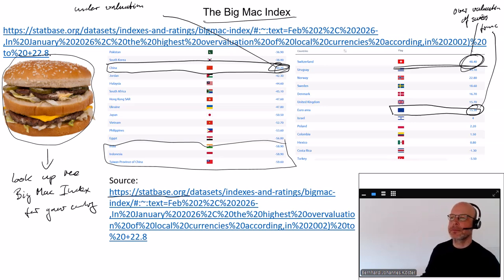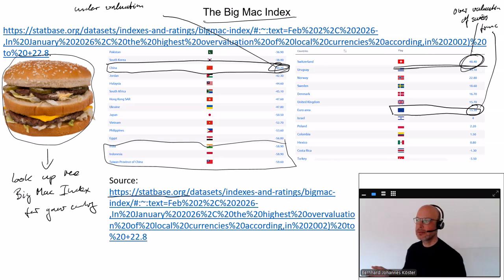But in the end, international trade arises from the fact that we are exchanging different goods. So one country is exporting A and the other country is exporting B, and imports vice versa.